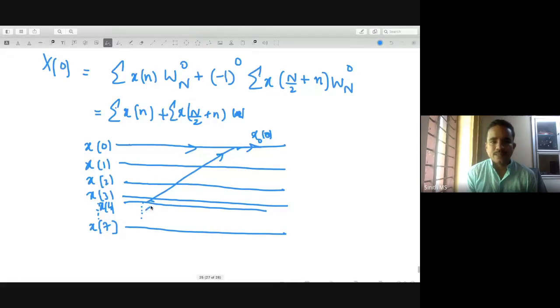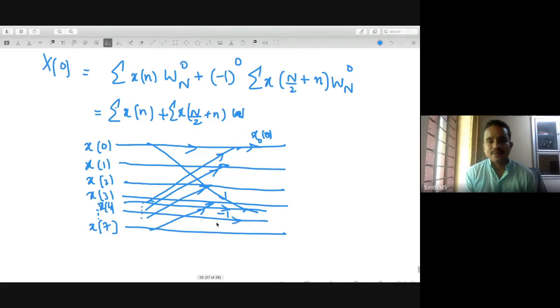Similarly, you have these multiplications, but when you take this signal here to x4, it is multiplied with -1, because in the -1 raised to k term, it is odd when you reach here, and basically it is multiplied with -1. All these are multiplied with -1. This is also multiplied by -1. This comes here, this also comes here, and the same thing happens afterwards.